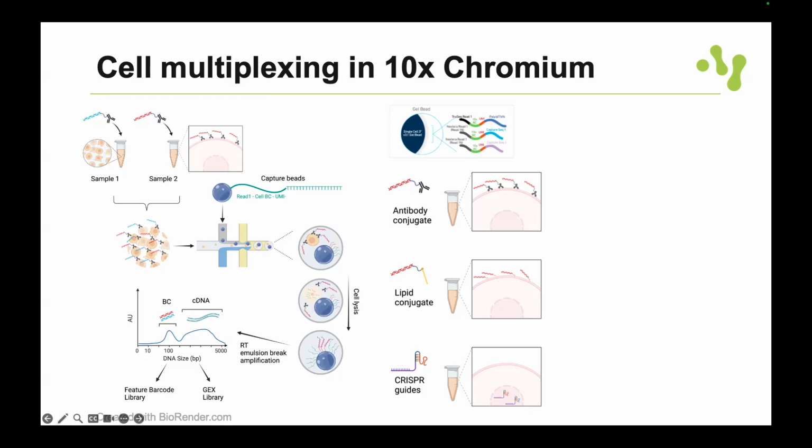Thank you. If I understand correctly, if we use this multiplexing with antibodies, that means that at the end of the day, if we don't put more beads, then we will get a lower sequencing depth per sample, right? It all depends.